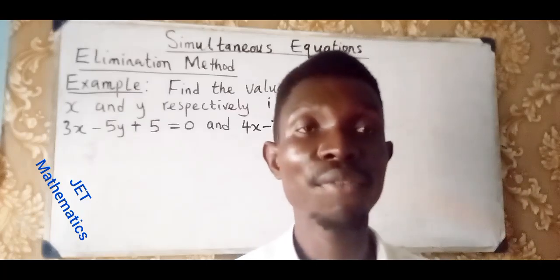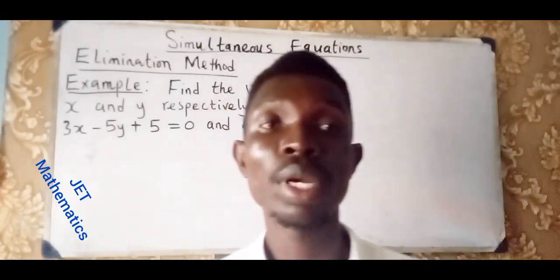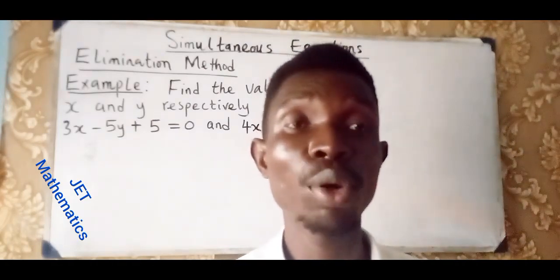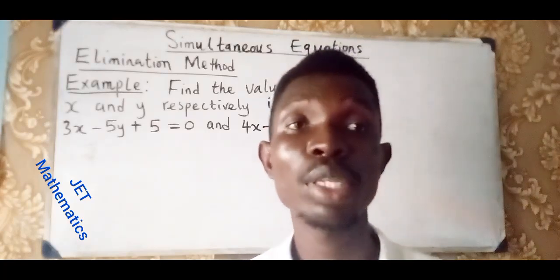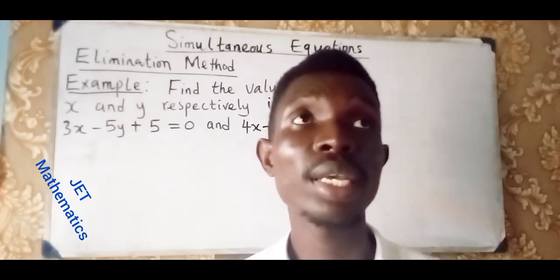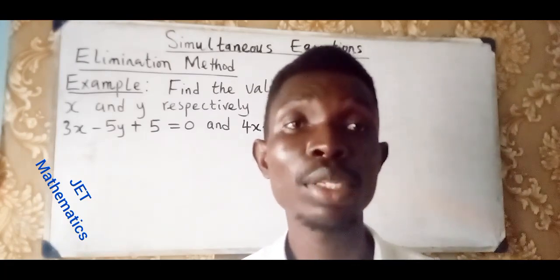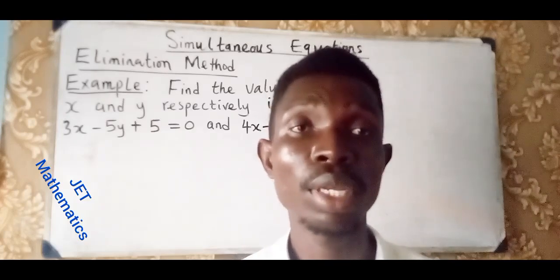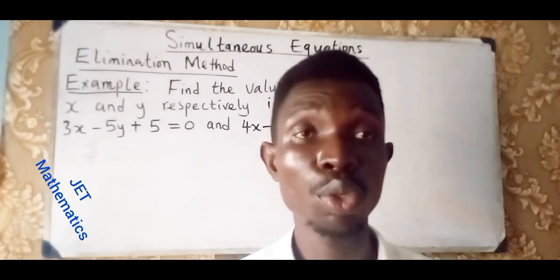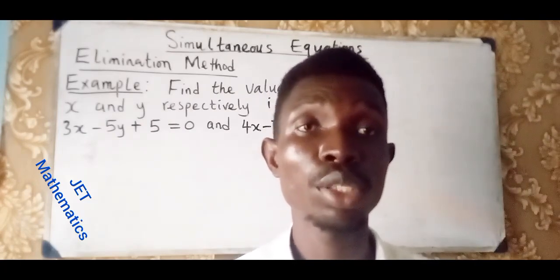There are various methods through which we can solve simultaneous equations. We have the graphical method, the elimination method, the substitution method, the determinant method and the matrix method. There are also other methods that can be used.